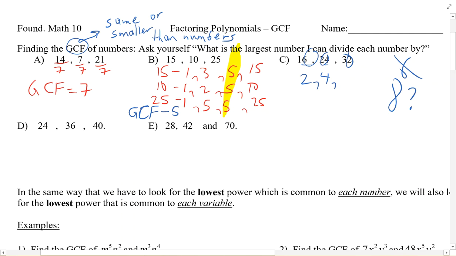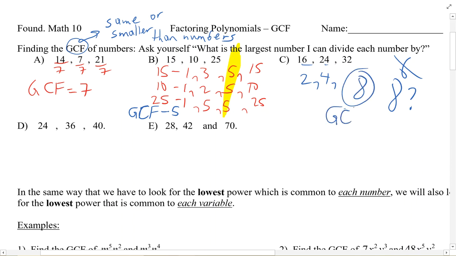What about 10, 12? No, 12 only works for 24. 9 doesn't work for a lot. 11, 12, 13, no. 14, no. 15, no. 16, good. Nothing above 16 will work, so don't go any higher. So 8 is your GCF.